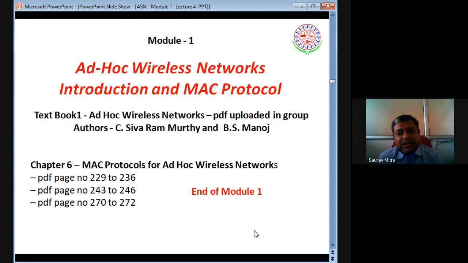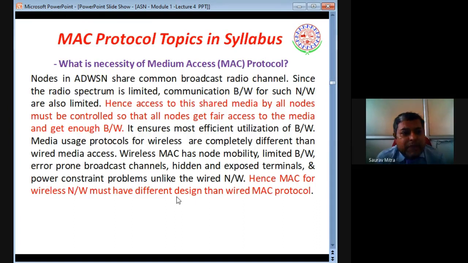If you go through these pages from the book, your module 1 will be over. Now officially I am starting the syllabus with whatever is given on page 223 of the book by Manoj, and that is what is meant by MAC protocol.